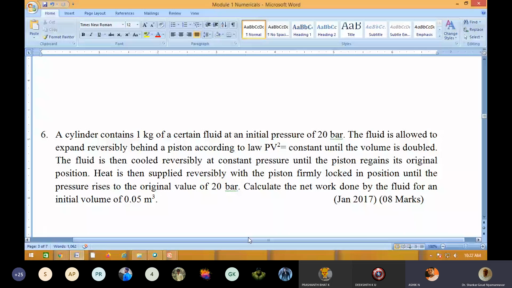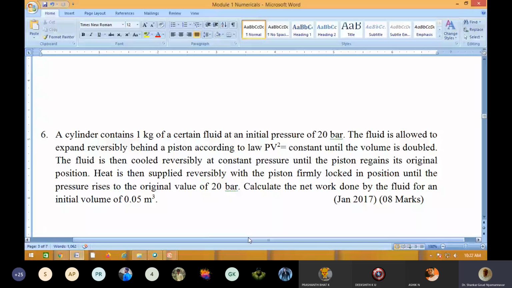Yes, sir. The original volume. So it becomes again V1. Volume increased from V1 to V2. Then it cooled at constant pressure, right? When the volume increases from V1 to V2, pressure decreases from P1 to P2. Now this cooling is done at constant pressure. That means the pressure is constant during cooling. During the contraction pressure is constant, right?